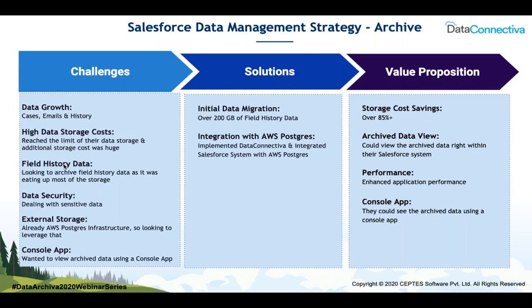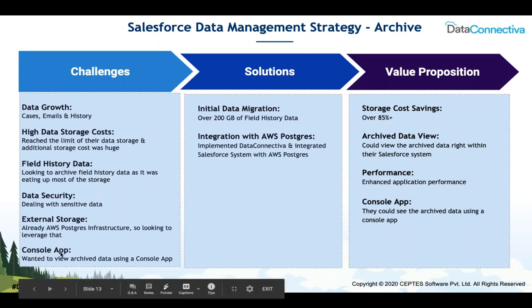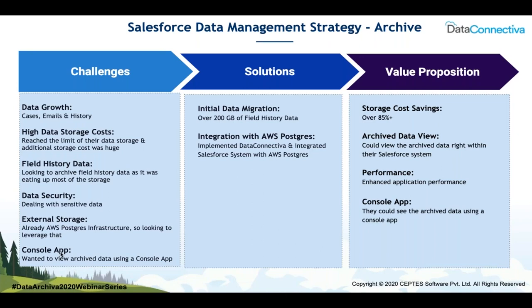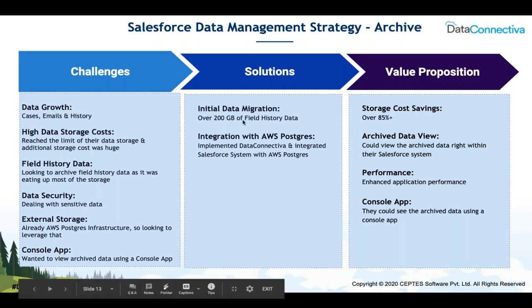Field history was generating a lot of data. One requirement was that they wanted to view the archived data under the service console app itself, even though the data is archived, under the live object.